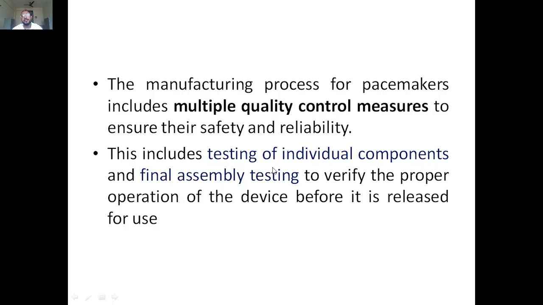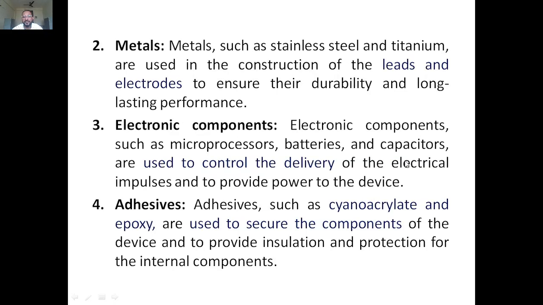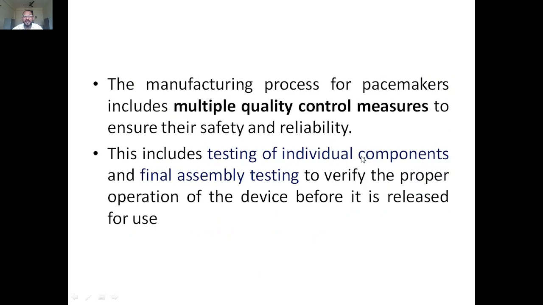So this includes testing of individual components, okay, and final assembly testing. First you are going to check the individual components. This multiple quality control means what? First you need to check the individual components, like for example batteries, capacitors, microprocessors, LEDs, electrodes. You are going to check whether they are safe or not. Then final assembly.